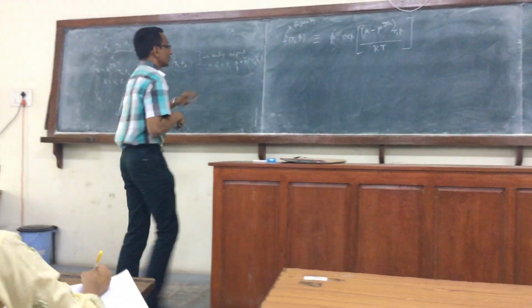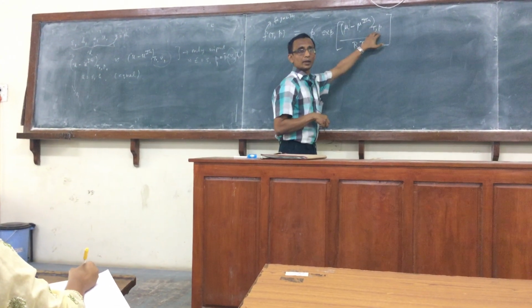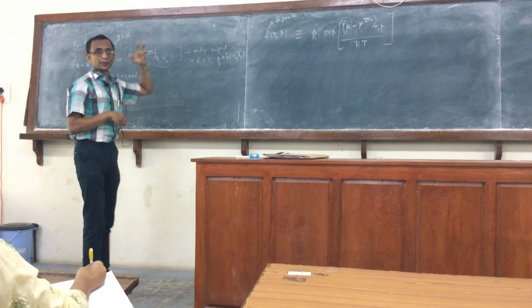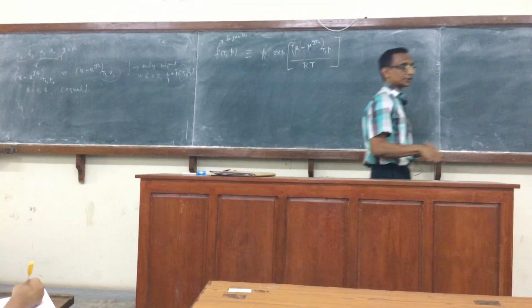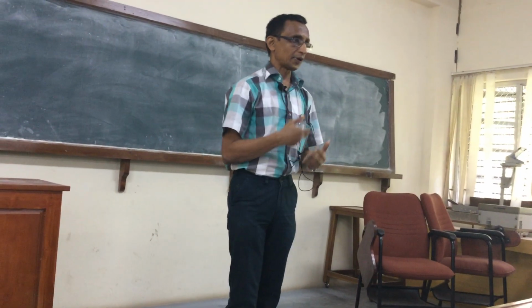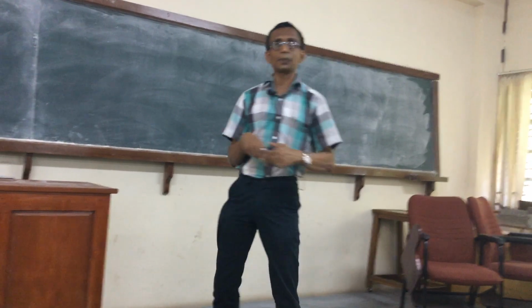So if we want to calculate the fugacity at a temperature and pressure, I would have to go to the departure function for either the chemical potential or the specific Gibbs free energy to calculate that departure function at that temperature and pressure that is specified. Divide that by RT, take the exponential of that and multiply by the pressure.